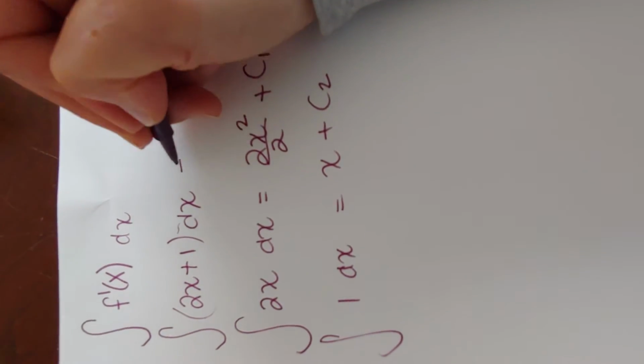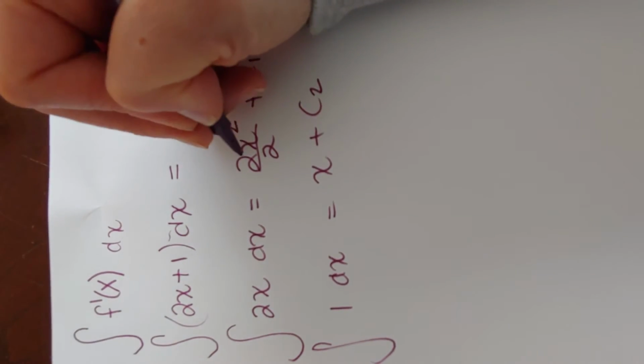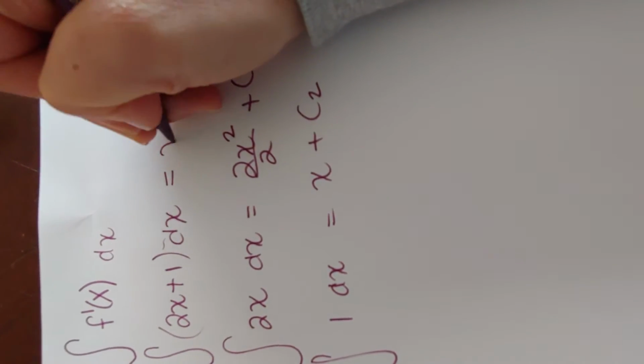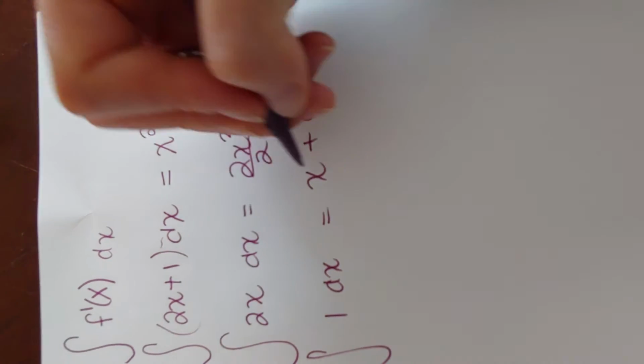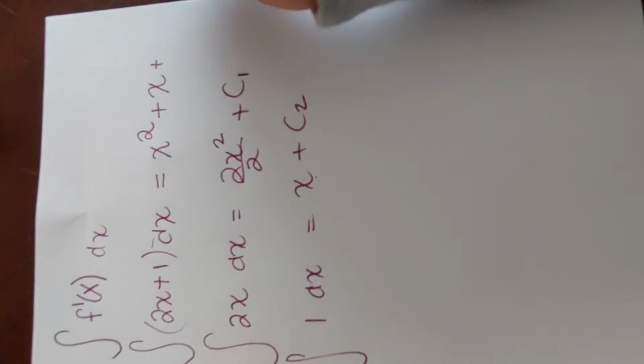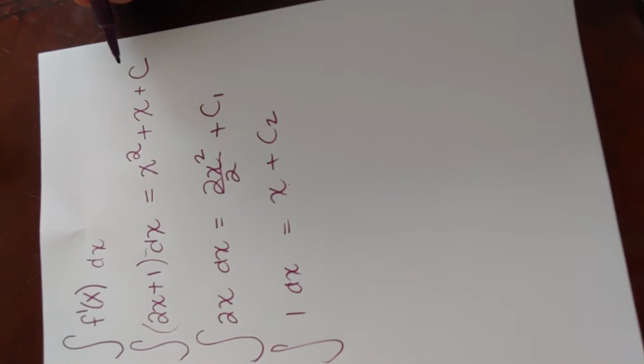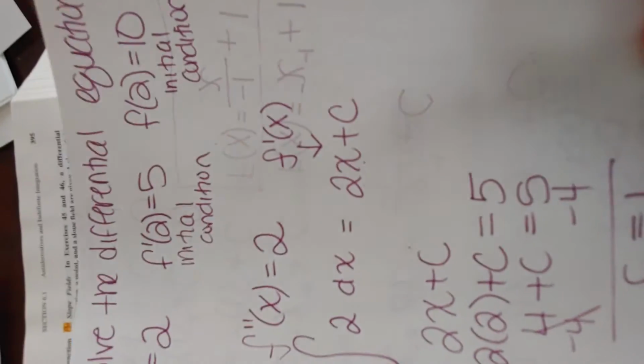So the general solution is 2 divided by 2 is 1, so x squared plus x plus some constant. All right, so now I'm going to go back to the original set of initial conditions.